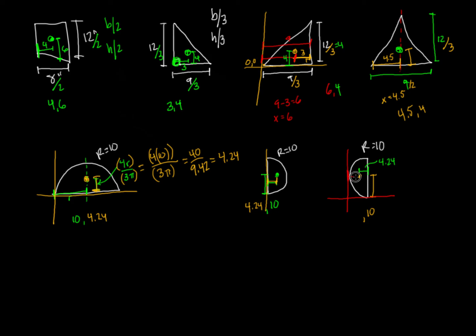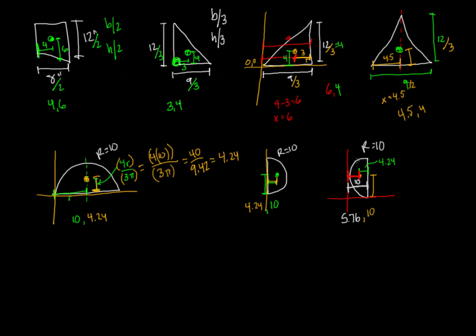So how far is it from here to here? Well, you have to think a little bit, but what's the radius of this entire half circle? It would be 10. So 10 minus 4.24, and you're going to end up with an answer of 5.76.